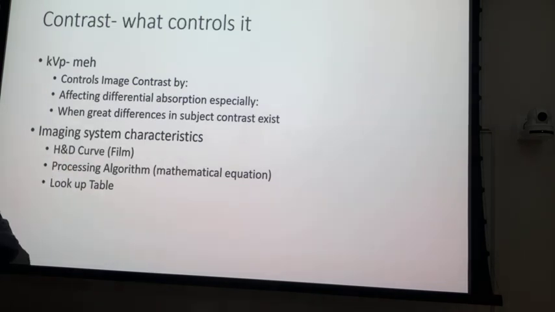The H&D curve we'll talk about, and it's a throwback to film. It stands for Hurter and Driffield, and it was borrowed from photography. And what it does is it gives us the imaging characteristics of the imaging system.